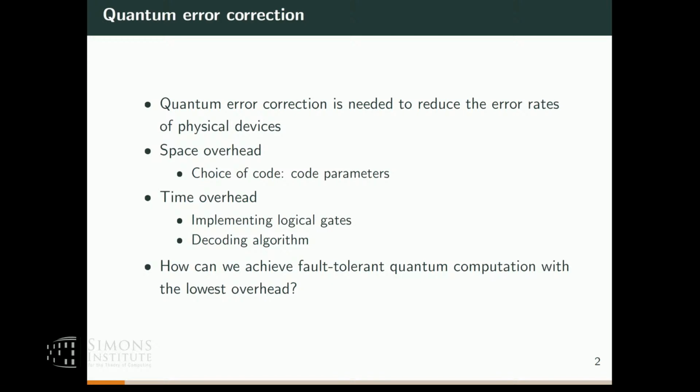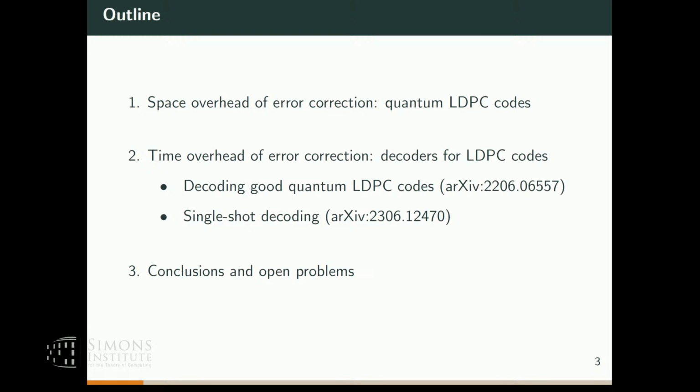And so the main thing that I want to address in this talk is how can we achieve a fault-tolerant quantum computation with the lowest possible overhead. So in terms of the space overhead and the time overhead. And so the plan is that first I'll give a brief overview of these quantum LDPC codes, and in particular state one result on the space overhead when we use LDPC codes.